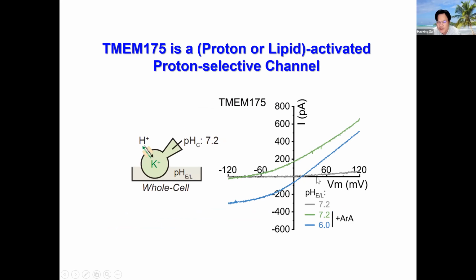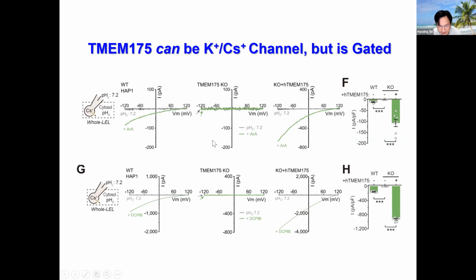So we think the channel is not constitutively active, for both proton and potassium current. And this point is very clear in the endogenous setting. In the overexpression system, sometimes you might see some basal current, but in the native lysosomes, we almost never see basal potassium currents, but we can activate the current with arachidonic acid or synthetic agonist.